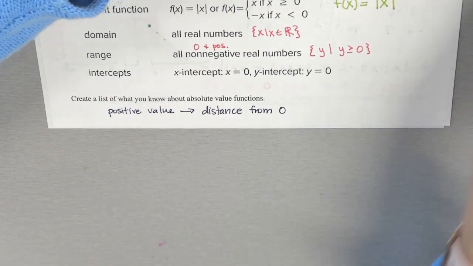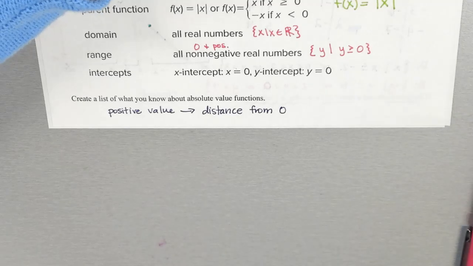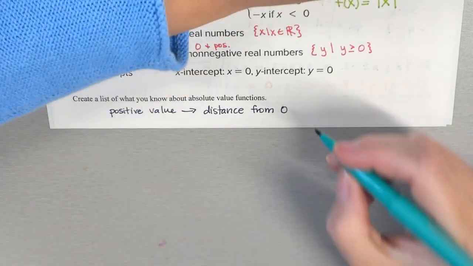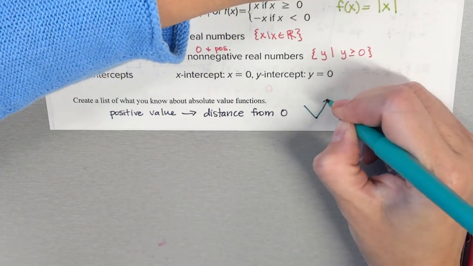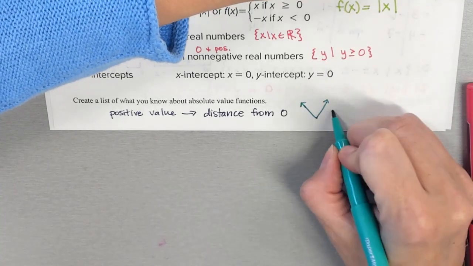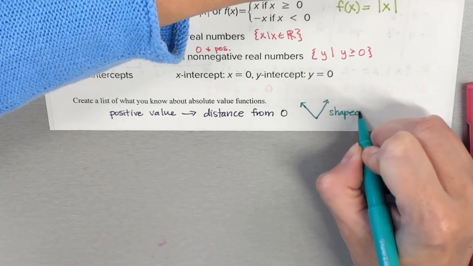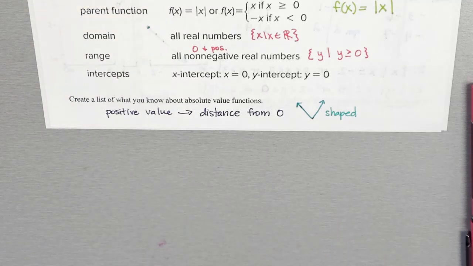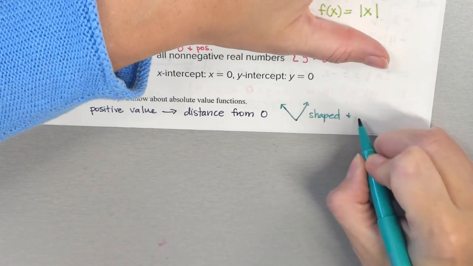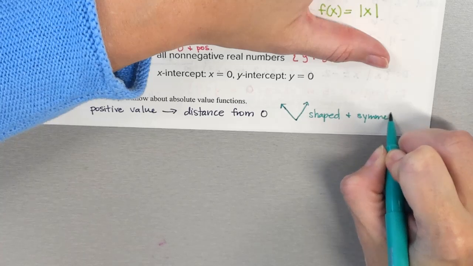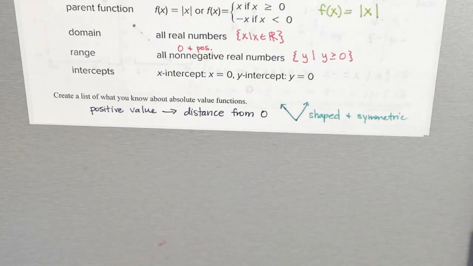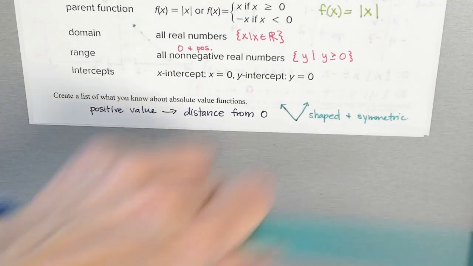Okay, and then you may not have remembered this, but I just showed you what the shape of the graph is. It's always going to be shaped like a V. Okay, and it is also symmetric. So it's the same on both sides. It has line symmetry.